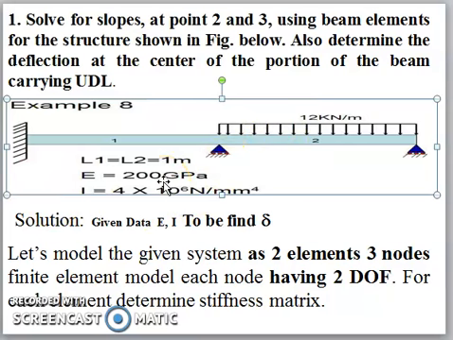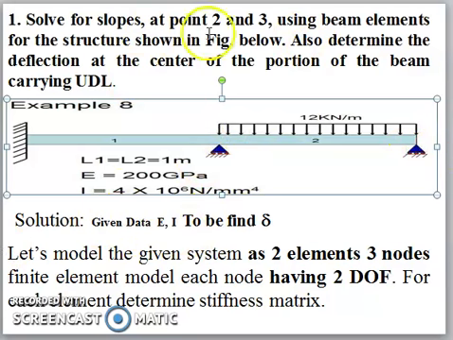The procedure remains the same as in the truss or the 1D bar element. The first step is the FE model, where this end is fixed. Again you can write Q1, Q2, Q3, Q4, Q5, Q6, or you can write a twisting moment here, here also, and again here. Remember these points.